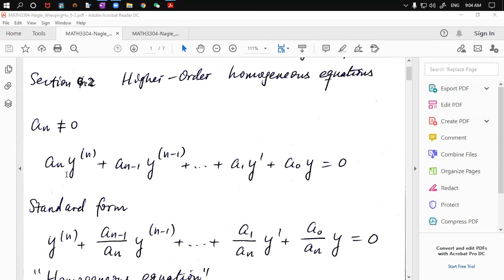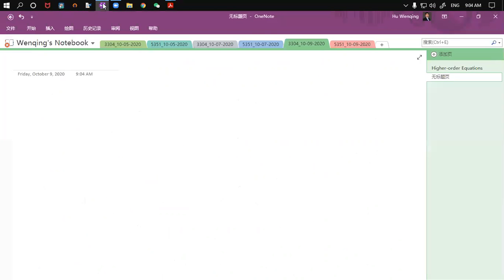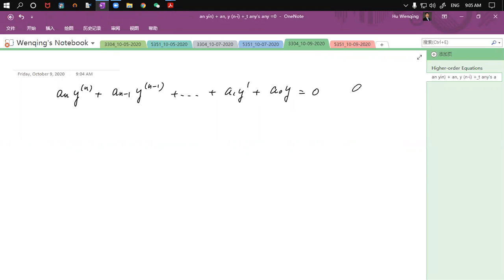For higher order homogeneous equations, we want to deal with constant coefficient equations. A constant coefficient equation looks like a_n y^(n) plus a_{n-1} y^(n-1) plus ... plus a_1 y' plus a_0 y is equal to 0. That's a homogeneous equation with constant coefficients, and the leading coefficient is not equal to 0. And then you turn this equation into standard form.